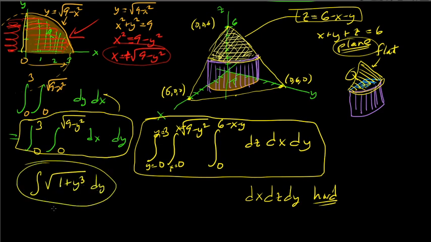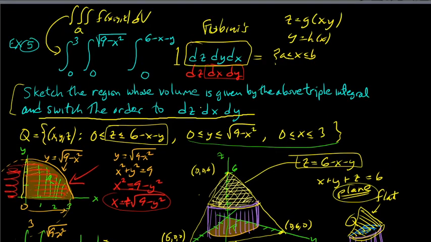I don't know how to do this integral, but if you're doing the double integral and you switch the order of integration and do x first, then because the 1 plus y cubed is constant with respect to x, you'll get an extra factor of, say, y squared here, and then it'll be doable using substitution. So that's one reason why you might need to change the order. But notice the integrand here is 1, so in this case, that issue is not really going to come up that much.